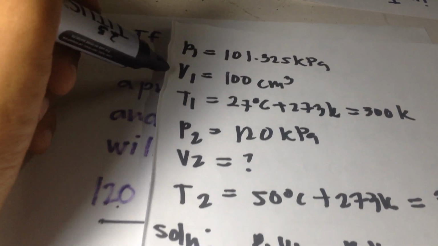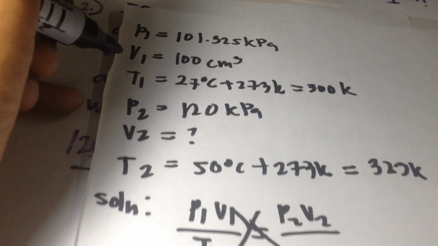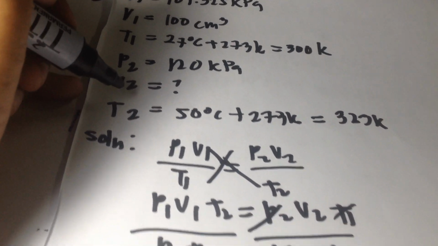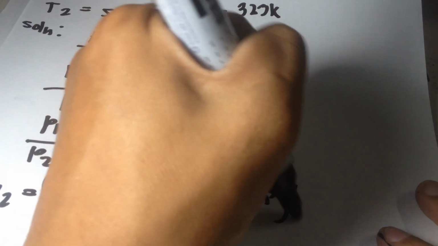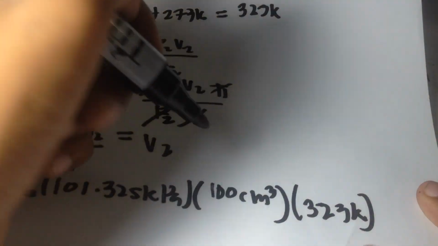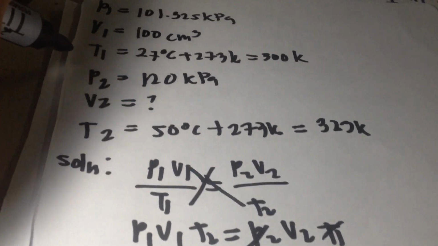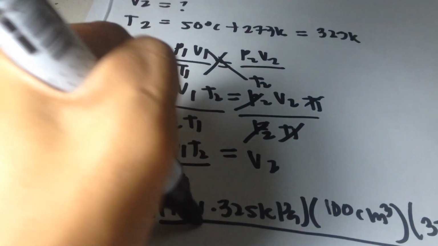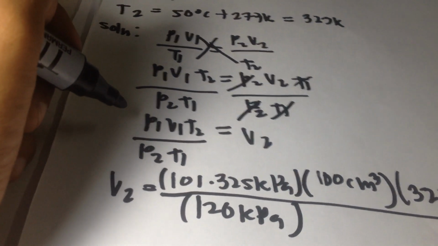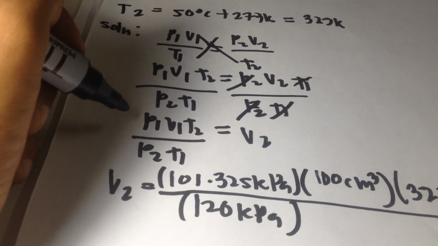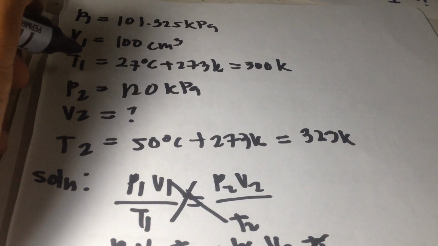times the volume 1, which is 100 cubic centimeter. And for temperature 2, it is 323 Kelvin. And how about pressure 2? The pressure 2 is 120 kilopascal. So 120 kilopascal times the temperature 1, which is 300 Kelvin.